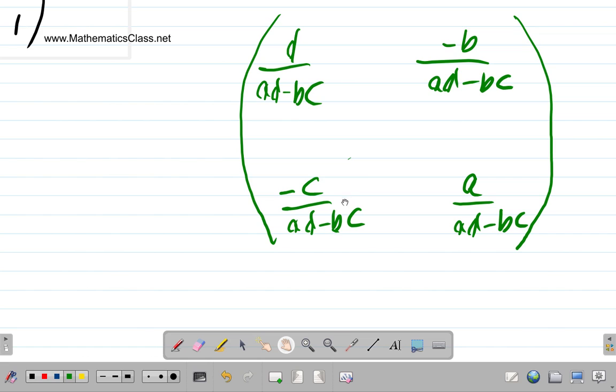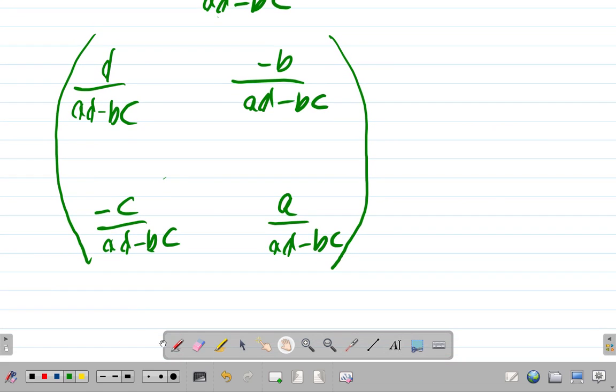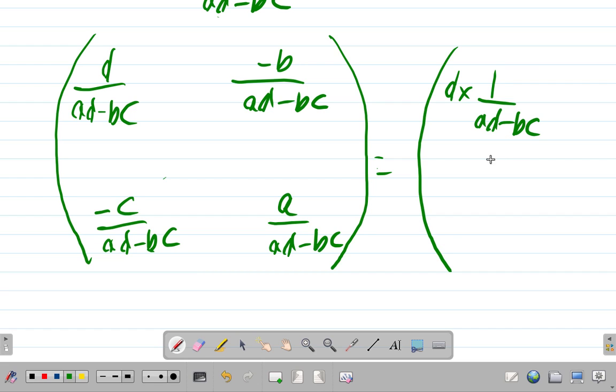Now, you remember that when we multiply a matrix by a number, each element in the matrix is multiplied by that number. Now, this matrix that we have here would be similar to saying that this is D multiplied by 1 over AD minus BC.